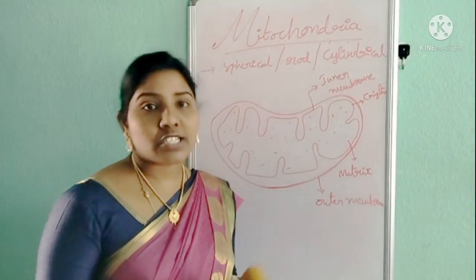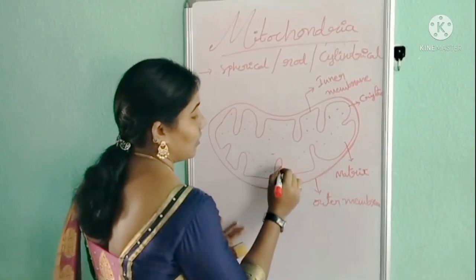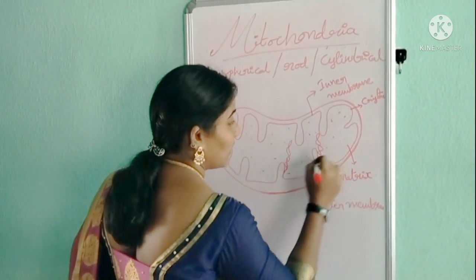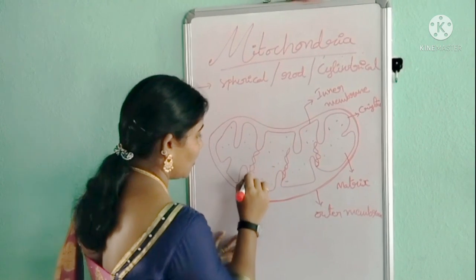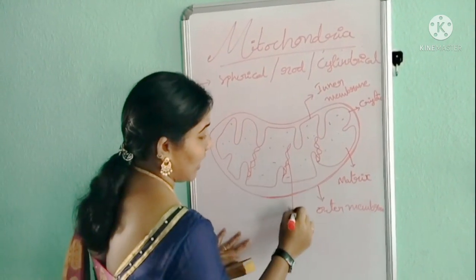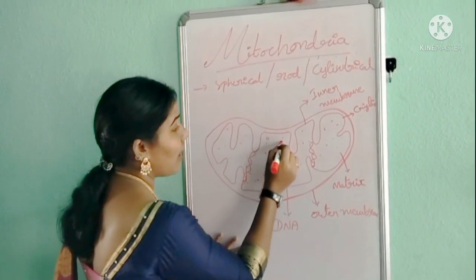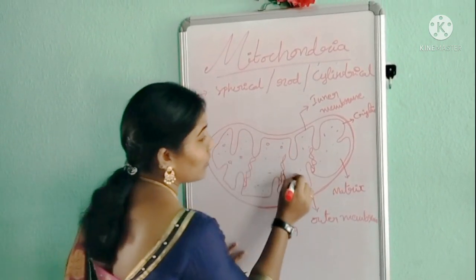And the next part: here we can see the double helix structures. This is called DNA. And the mitochondria have their own ribosomes.